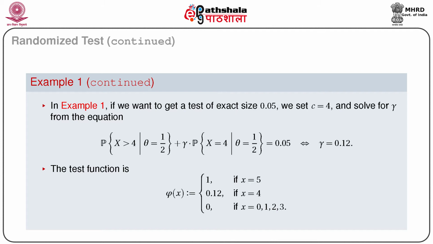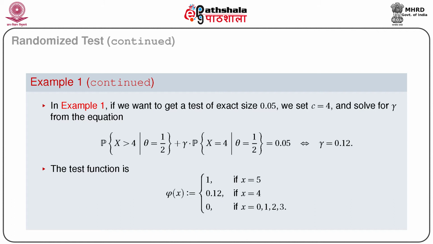Now, to determine gamma, we use the size condition. That is, probability under H0 of X greater than 4 plus gamma times probability under H0 of X equal to 4 is equal to 0.05. After some calculations, we get gamma equal to 0.12.